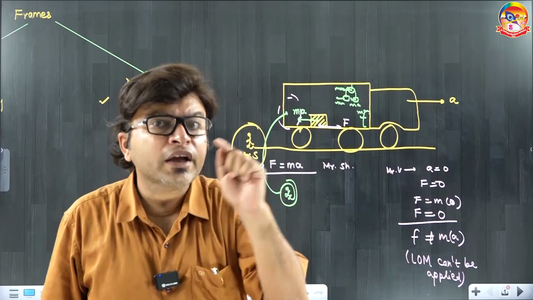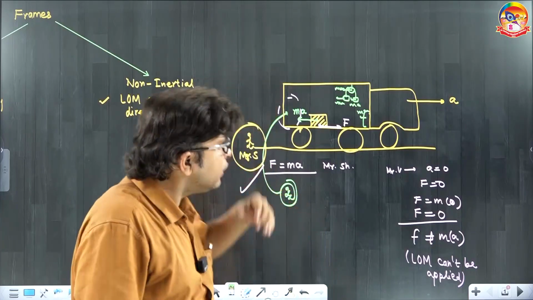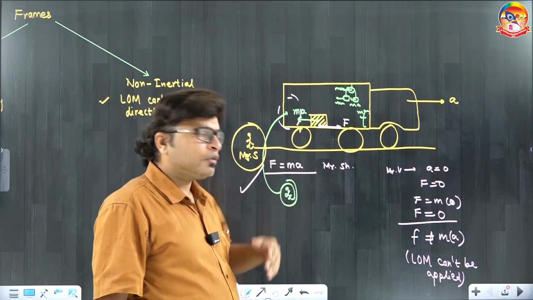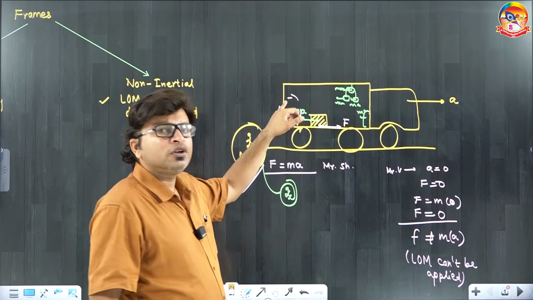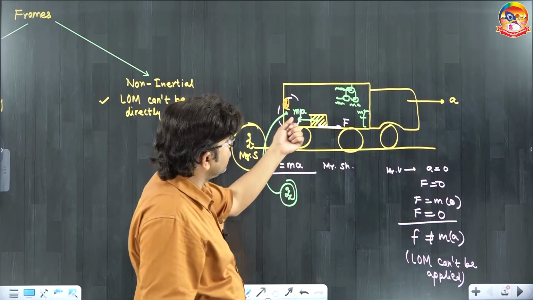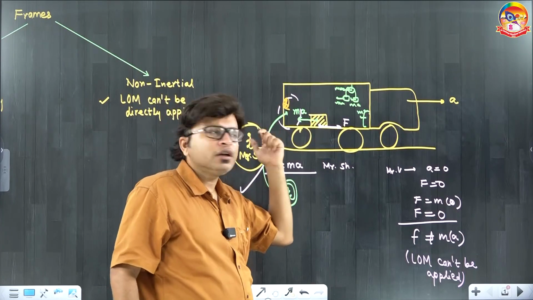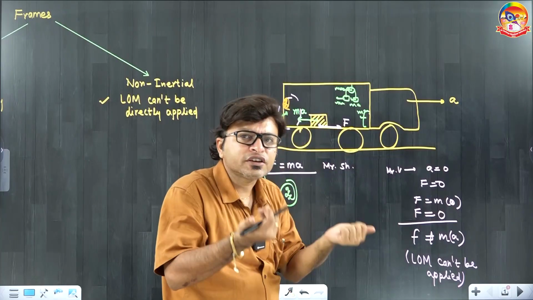Now, is this acting in real? No, it is not acting in real. Let's understand why I am applying it. Now, if I ask Verma ji what he observes, he is saying there is one force M into A here, and one force F here, and this block is not accelerating.